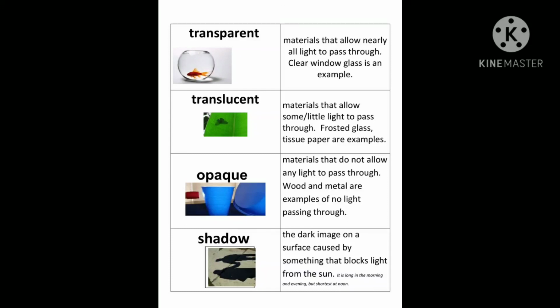Translucent materials allow some or little light to pass through, for example, frosted glass and tissue paper. Opaque materials do not allow any light to pass through, for example, wood and metal. The last one is shadow. Shadows are the dark images on a surface that are caused by something that blocks the light from the sun.